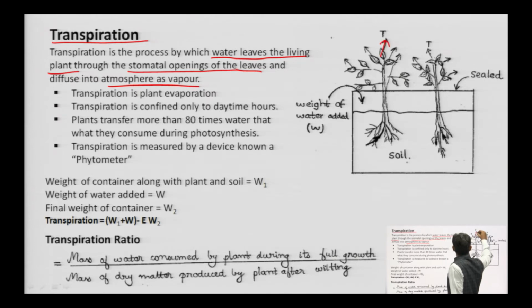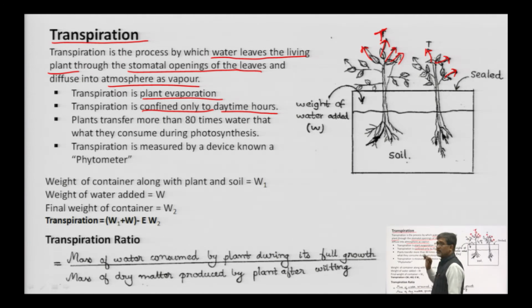That much water through the leaf is diffused to the atmosphere as vapor. This transpiration is plant evaporation, the evaporation of water through the plant. Transpiration is confined only to daytime hours. That type of evaporation is taking place.